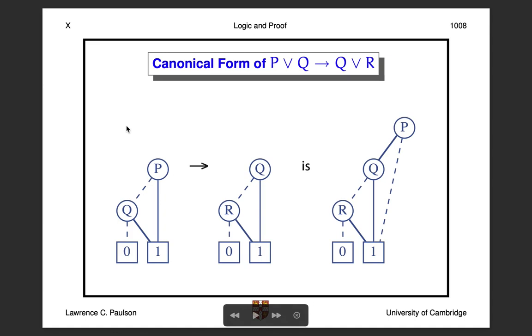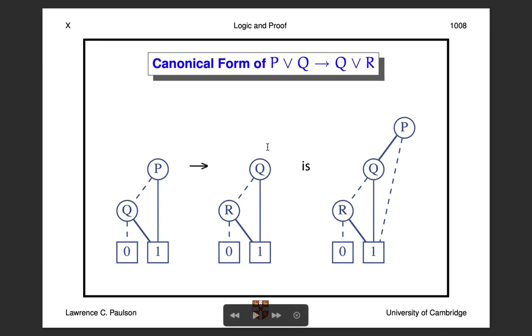And by the way, you might want to check that this, on the left here, is the correct BDD for P or Q. How do we know that? Well, P or Q is false only when P and Q are both false. In every other case, it must be true, according to the truth tables, and this BDD has the same behavior, therefore it's correct.